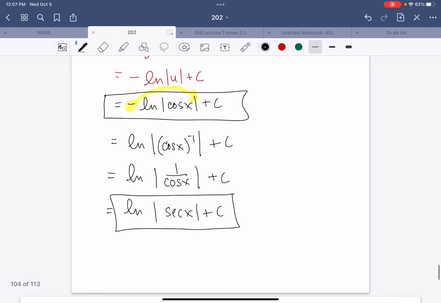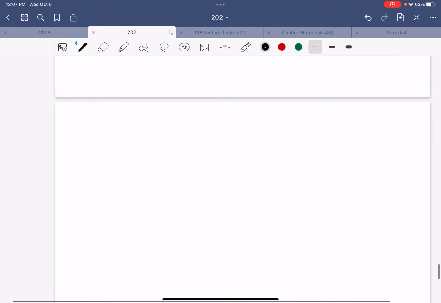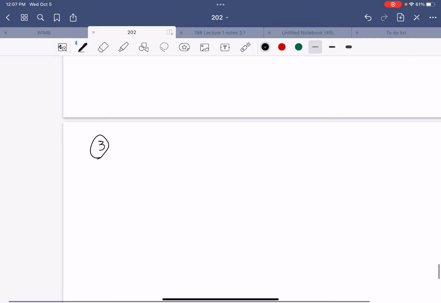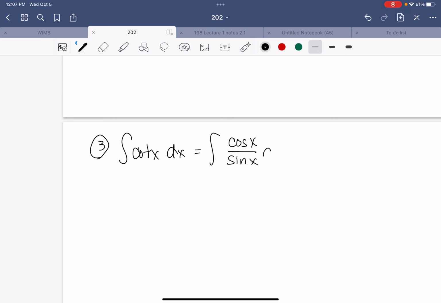Let's get another page in here. The next one is going to be cotangent x, and it's going to look almost identical to what we just did. So the first thing we're going to do is switch to sines and cosines, and cotangent is the cosine over the sine. And so this time I'm going to u sub for the denominator, which is sine x, and its derivative is cosine x dx.